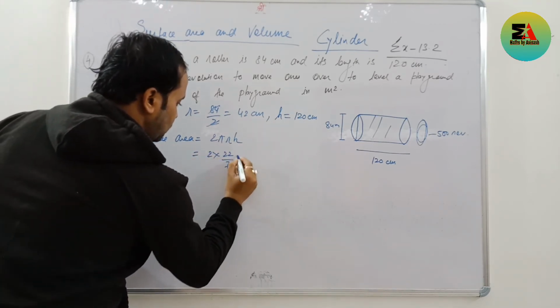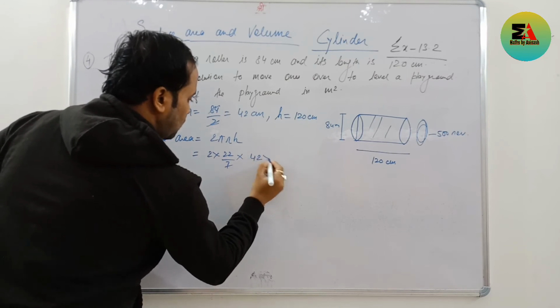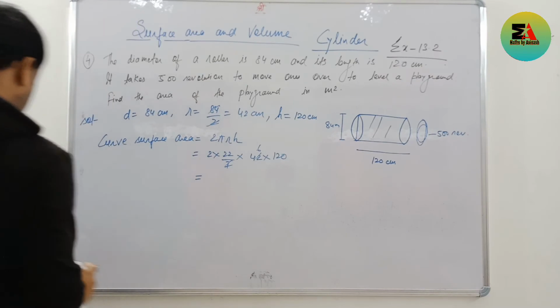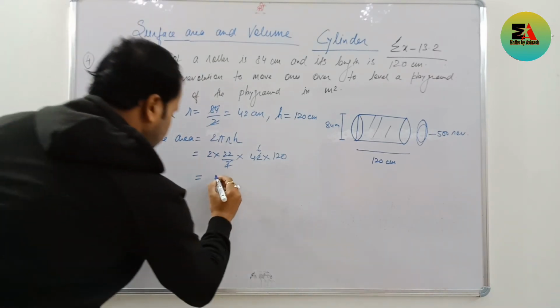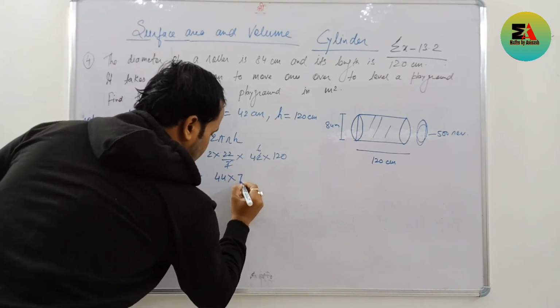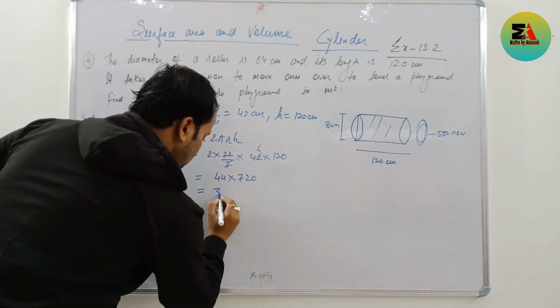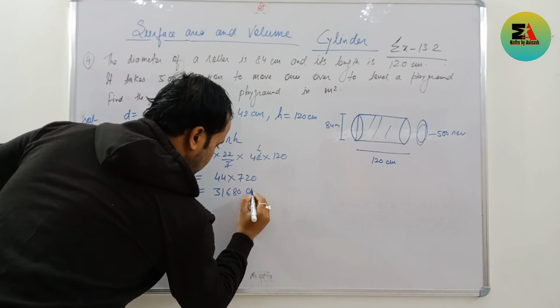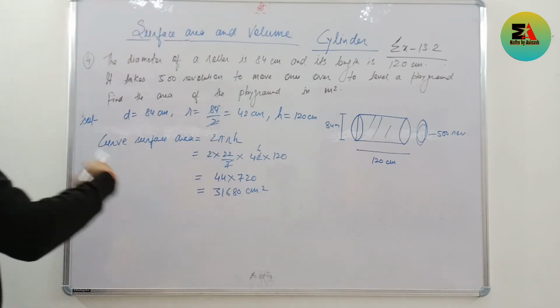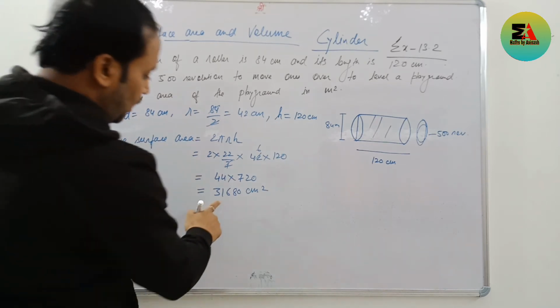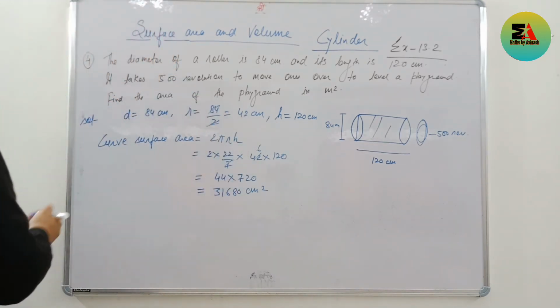Substitute all the values. This cuts up to 6 times. This becomes 44 into 720. The value will be 31680 centimeter square. This is the area the road roller covers in one revolution.